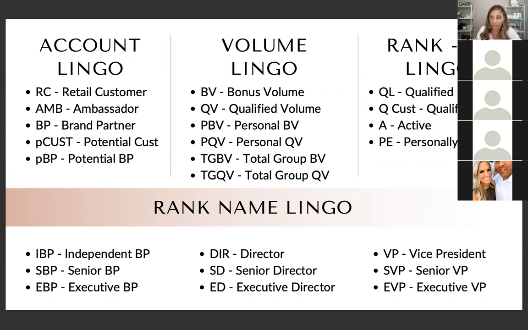A is active. In active, you have to have 100 PQV to be active. And you guys will see PE is personally enrolled. All right. And then the very bottom is just the abbreviations for all the ranks that we have. So anytime that you see these abbreviations, IBP stands for independent brand partner, senior brand partner, executive brand partner, all the way up to the top.